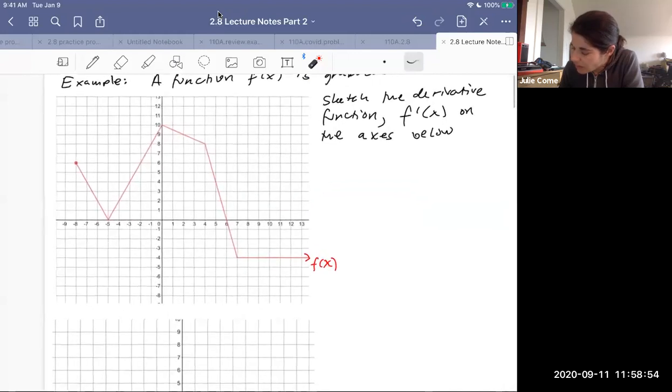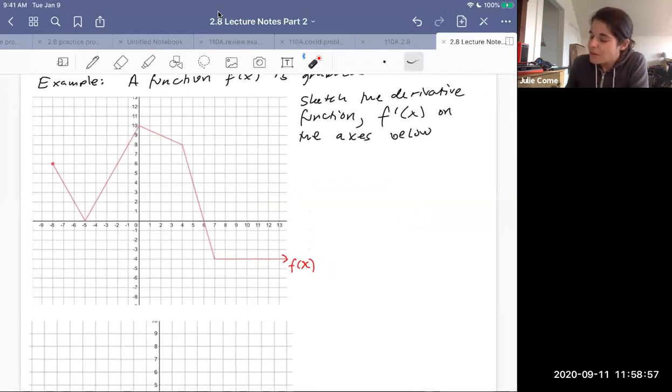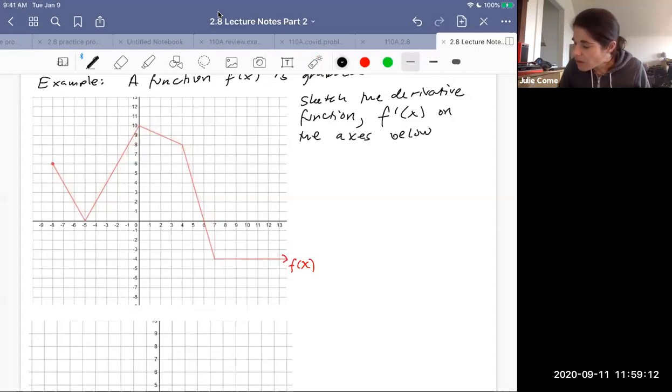What I want to do in this case is think about each portion of my graph of f of x, each of these chunks, separately, and divide them up based on the x values that they exist for. Notice that between -8 and -5, the graph looks like that.